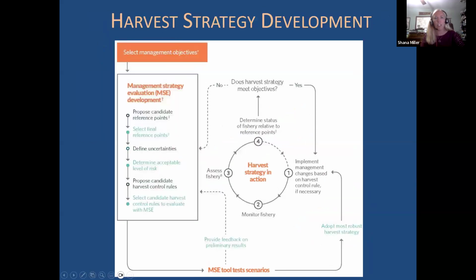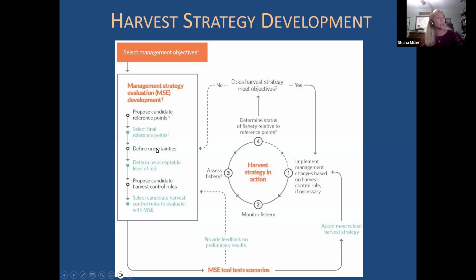So looking back at this figure of development, we have selecting management objectives as the first step. Then we have an iterative process here. The black is scientists, the blue is managers.